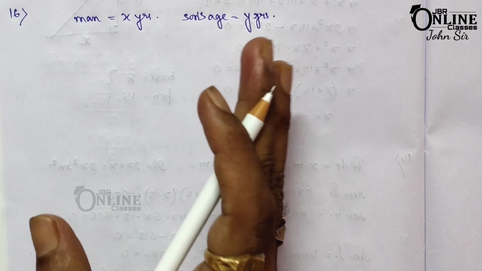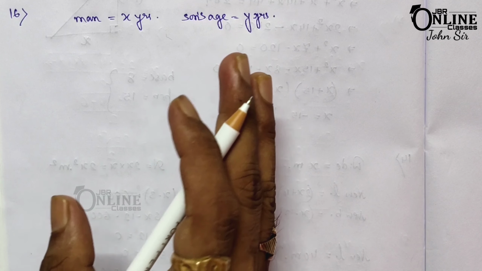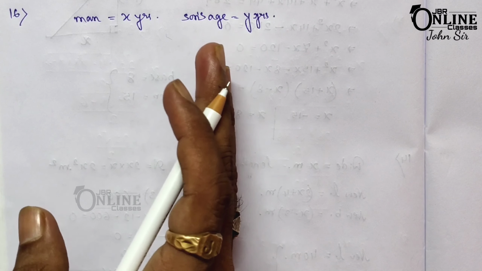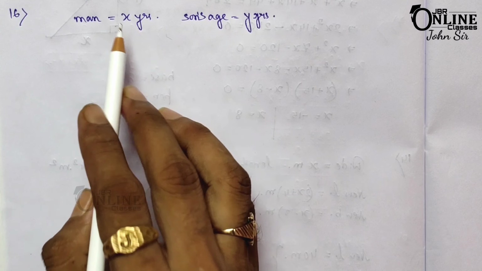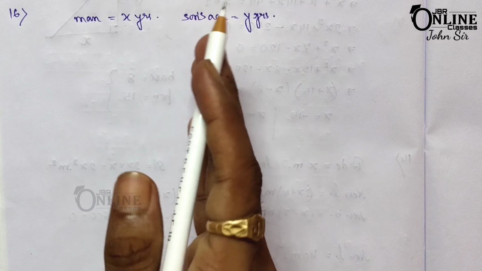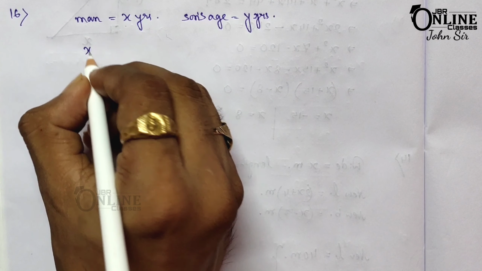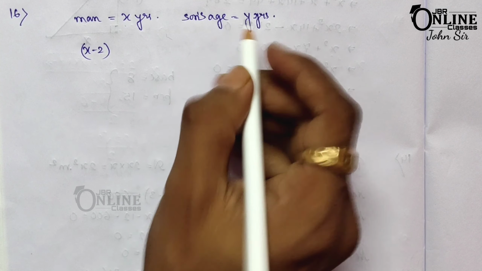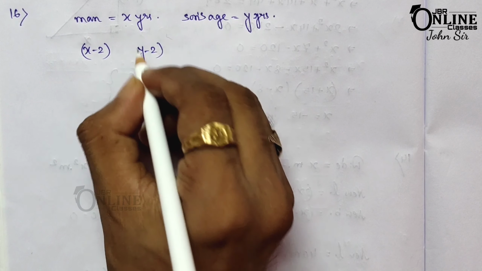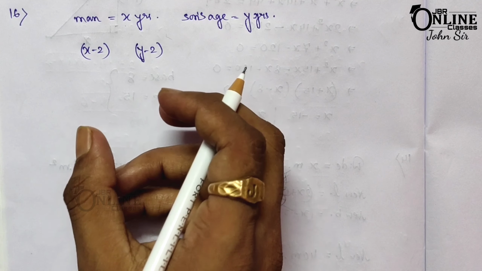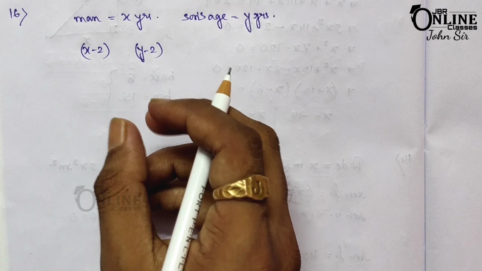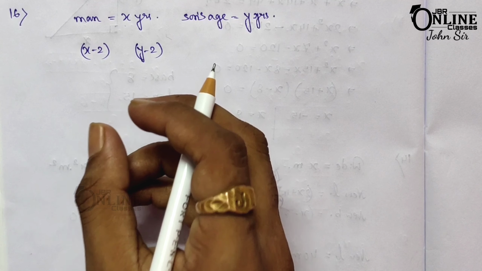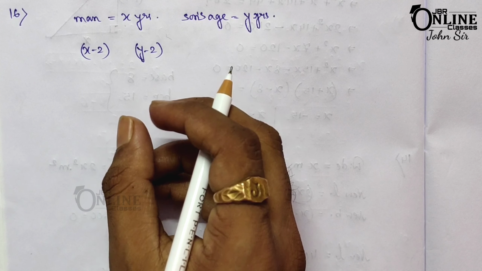Now according to the first condition, which is 2 years ago, remember that. If x is the present age, then 2 years ago means x minus 2, and 2 years ago the age of his son will be y minus 2. The relation between these two is that the age of the man will be 3 times the square.